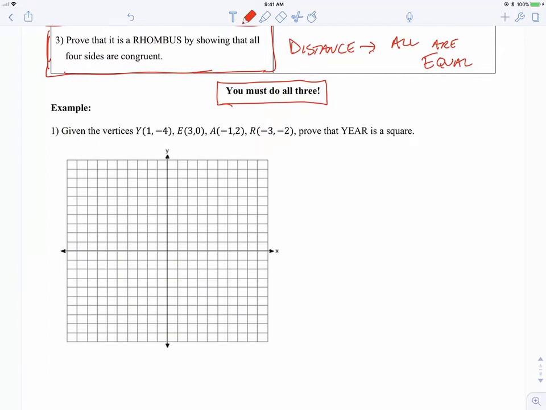So first, let's start with the slopes. Or actually, I'm sorry, first we should graph it. 1, -4. 3, 0. So that's our E. That's Y. -1, 2. That's A. And then R, -3, -2.